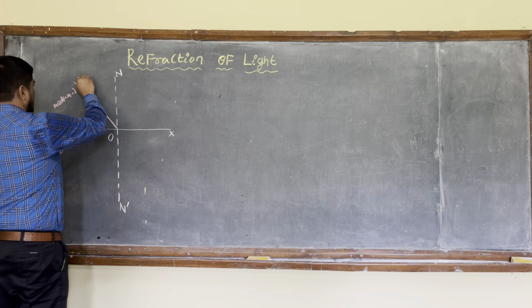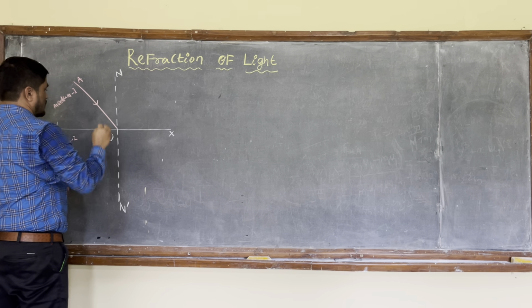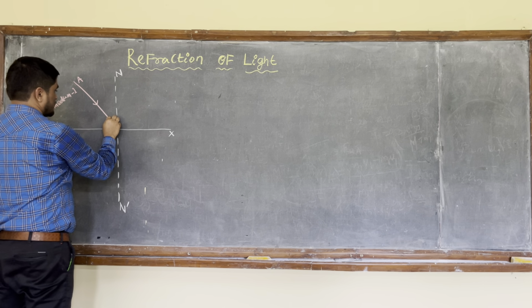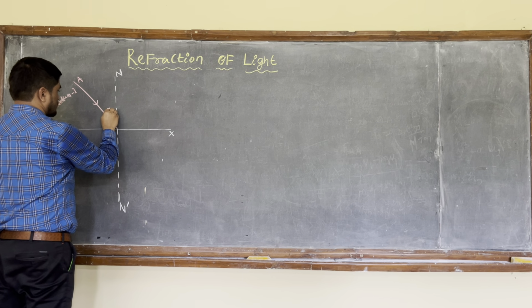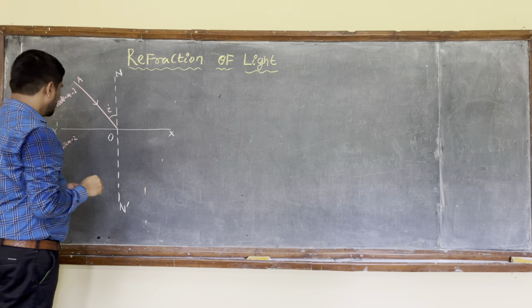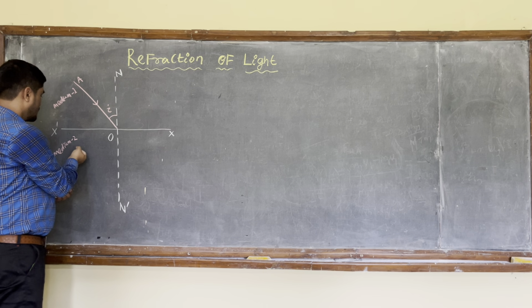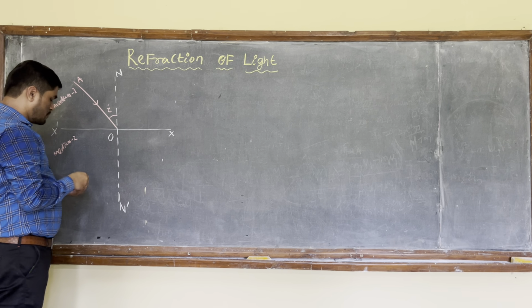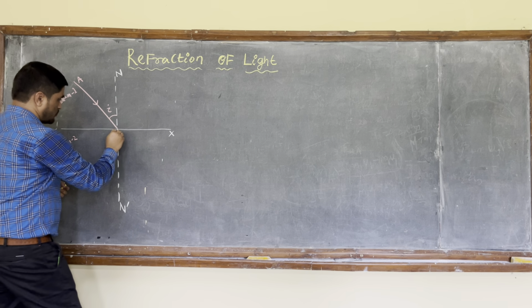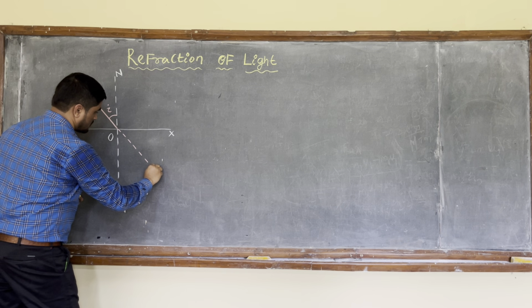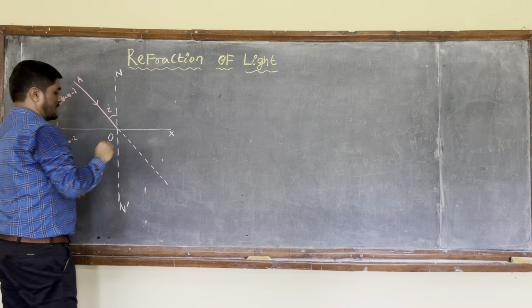This is AO, that is known as the incident ray. That's why this angle is known as the angle of incidence. If you consider medium 2 is absent, then in the absence of medium 2 this will be the path of the ray.